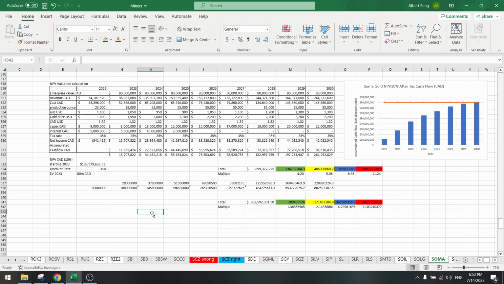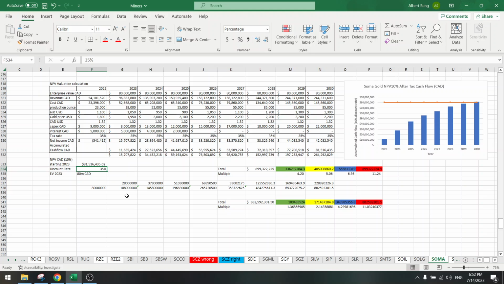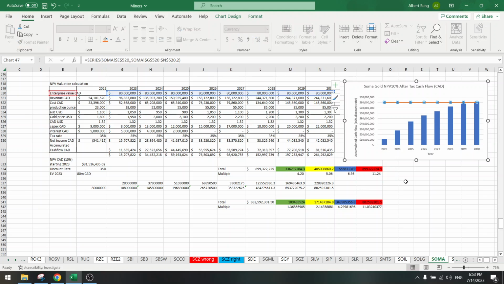Okay? So that's important. What's this? Yeah, this is 10%. It should be 35% now. Okay, so 35% NPV, the 35% discount rate of all these cash flows, gives me a value of 80 million. And that's this 80 million.